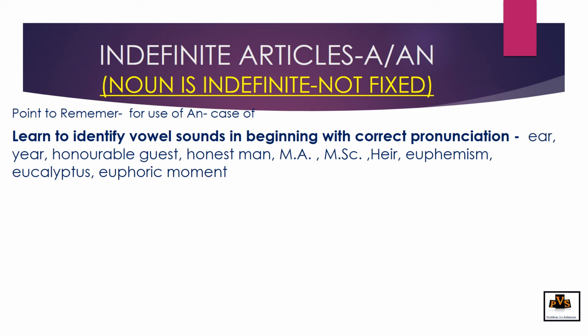The next thing that we need to remember, most importantly, is that sometimes we might think that the word is not beginning with a vowel sound because the first letter may or may not be a vowel. In that case, we have to make sure by understanding the correct pronunciation of the word.